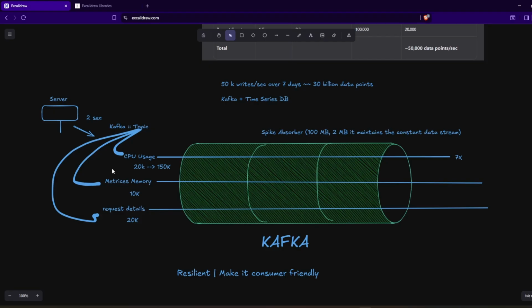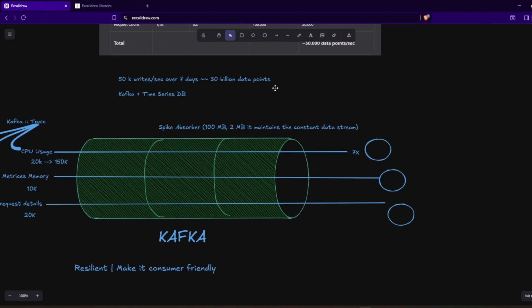And now the advantages: the consumers, whoever is reading those data, all these consumers are there. So these consumers will have steady data streams. These worker processes will read from Kafka, and further they will write data to our time series database.